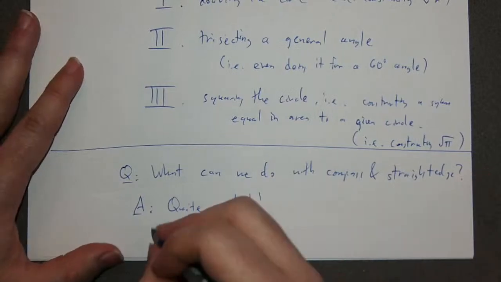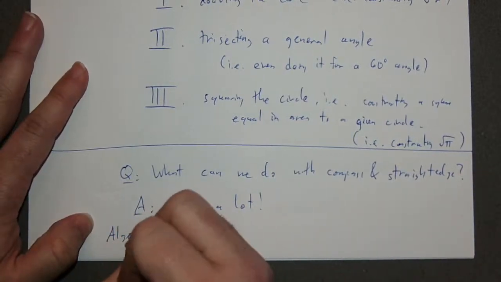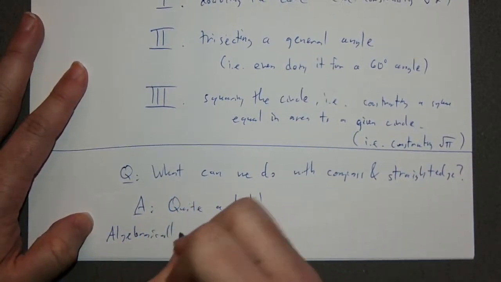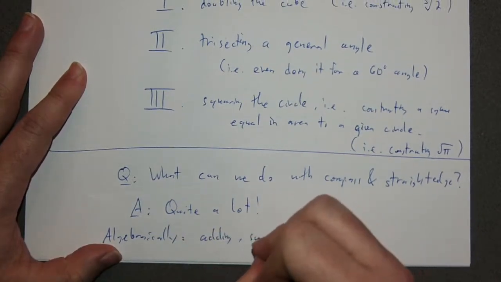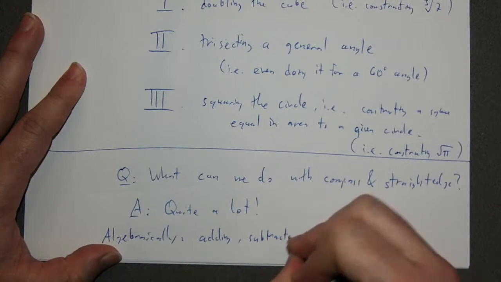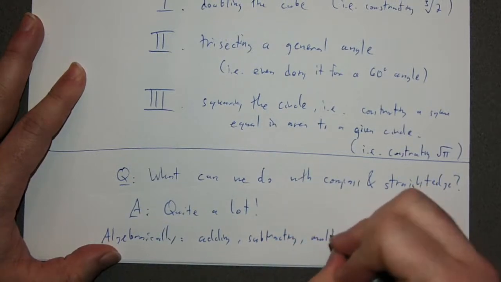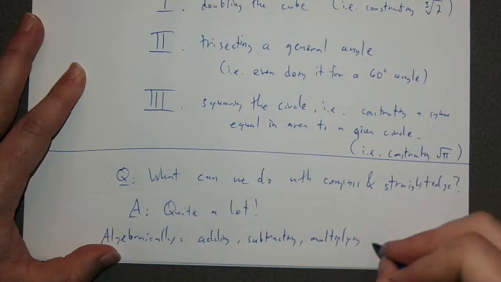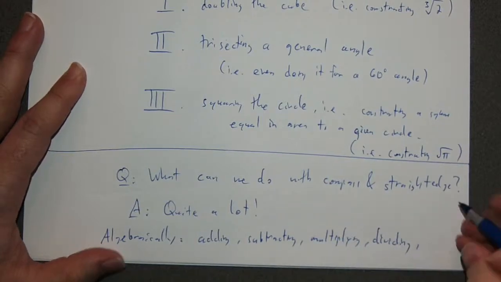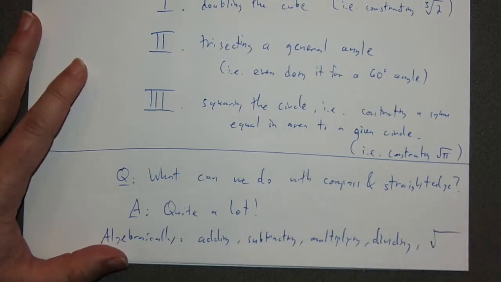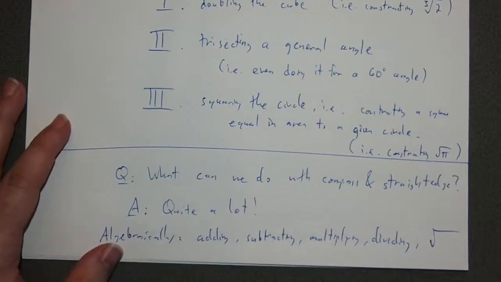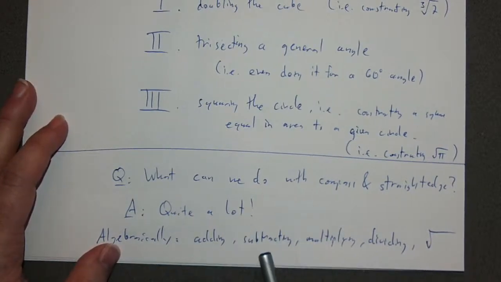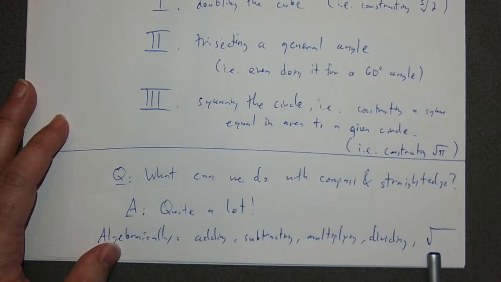And algebraically, what could be done was adding, subtracting, multiplying, dividing, and taking square roots. Okay. So, you could add, you could subtract, you could multiply, you could divide, and you could take square roots.